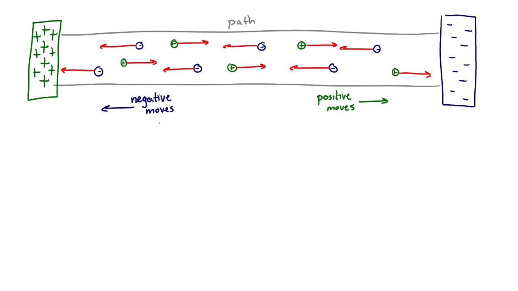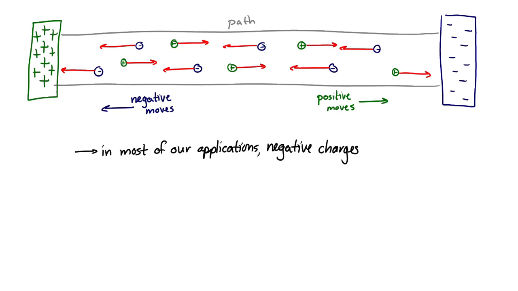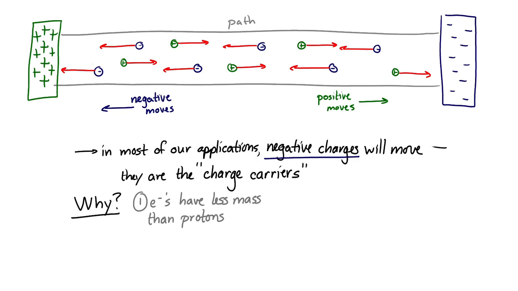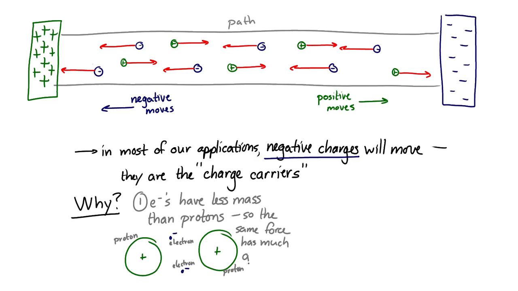Now, in most of the applications that we look at, negative charges are going to be the ones that are actually moving. They are going to be what we call the charge carriers, the moving charges. And there's two reasons for this. Electrons have less mass than protons. So if we have a bunch of protons and a bunch of electrons, if we apply the same force to the protons and the electrons, the electrons, because they have less mass, are going to have greater acceleration.